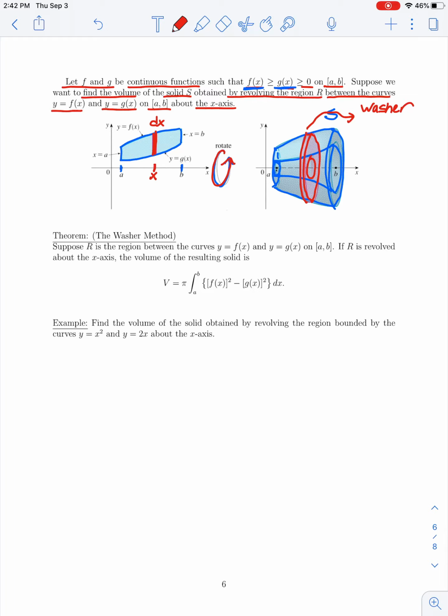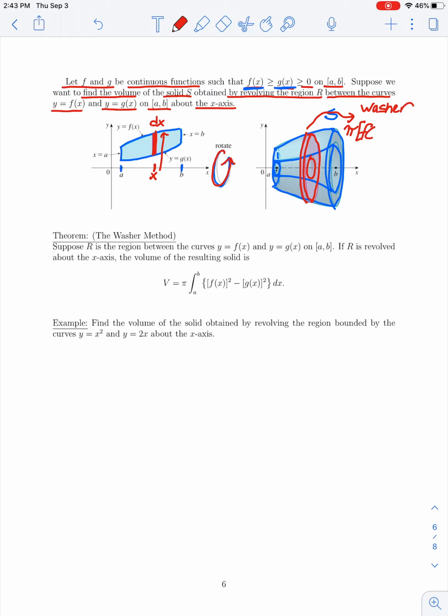It's called an annulus, and the area of the base of this cylinder would be found by taking pi times the outer radius of our washer, which is the distance from the x-axis up to my outer curve, given by f of x.